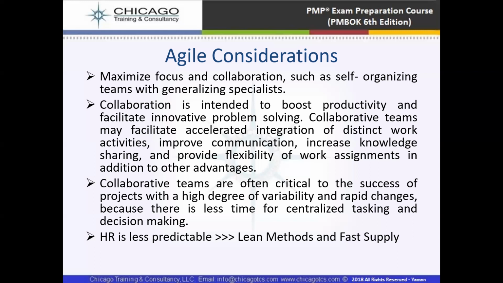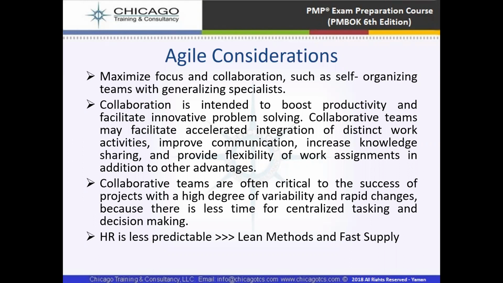Collaboration is intended to boost productivity and facilitate innovative problem solving. Collaborative teams will facilitate accelerated integration of distinct work activities, improve communication, increase knowledge sharing, and provide flexibility of work assignments, in addition to other advantages. Collaborative teams are often critical to the success of a project with a high degree of variability and rapid changes, because there is less time for centralized tasking and decision making.